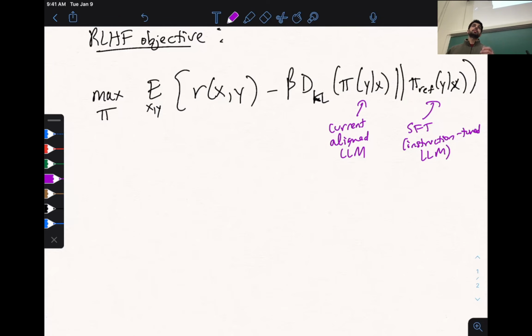However, you can use different prompts as well, but I think in practice you generally use data from the same distribution as the instruction following data.